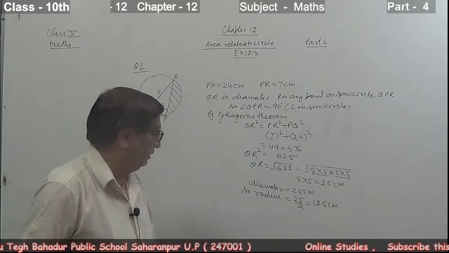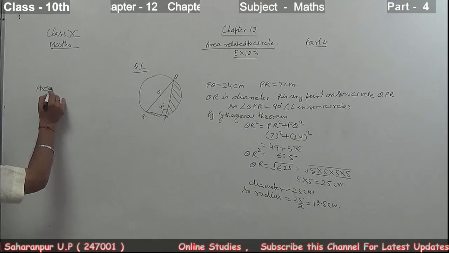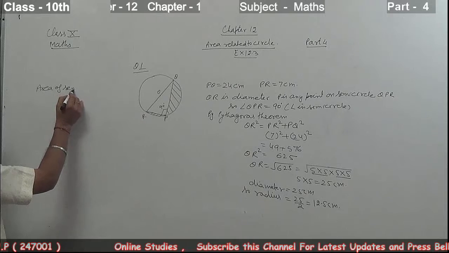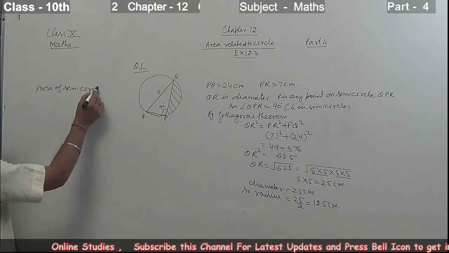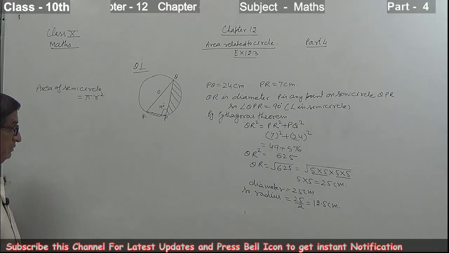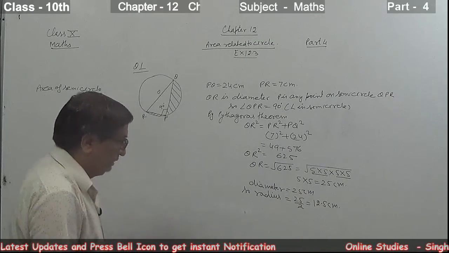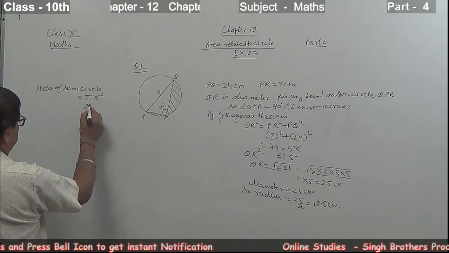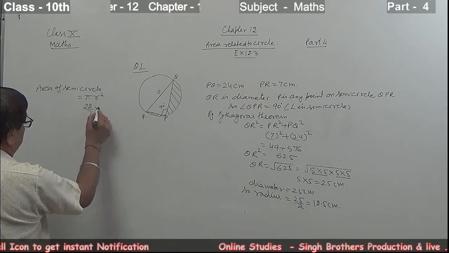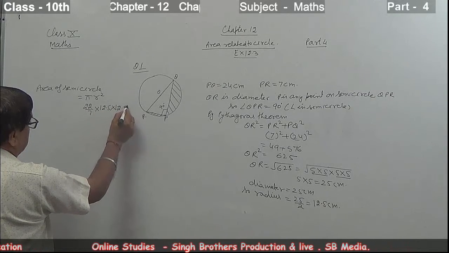Now area of semicircle is equal to pi r square. Value of pi is 22 upon 7 into 12.5 into 12.5.